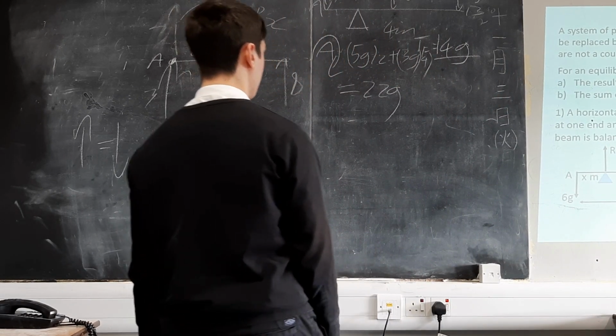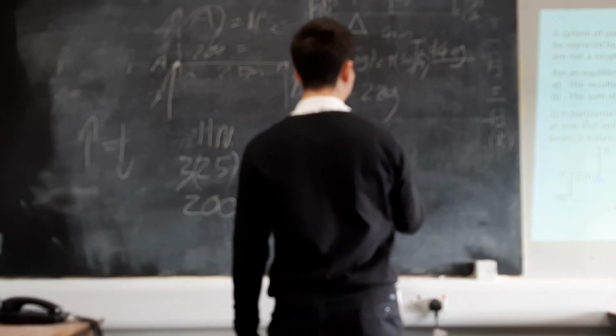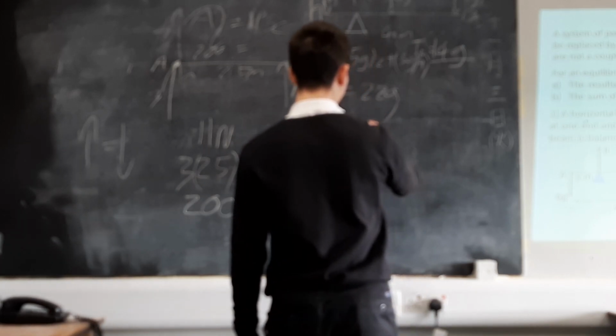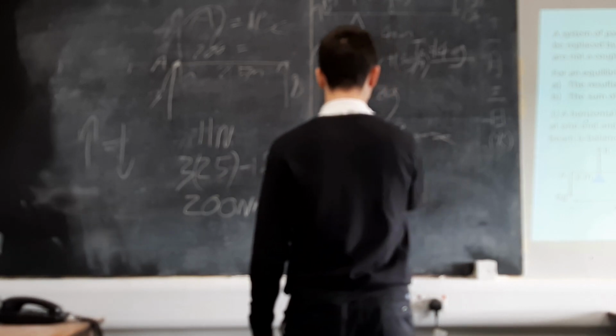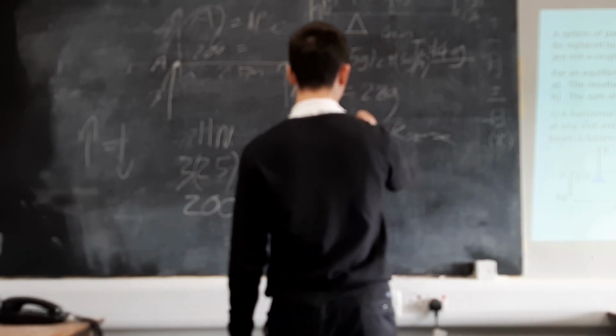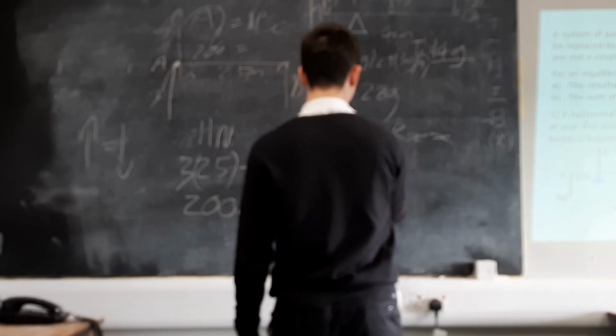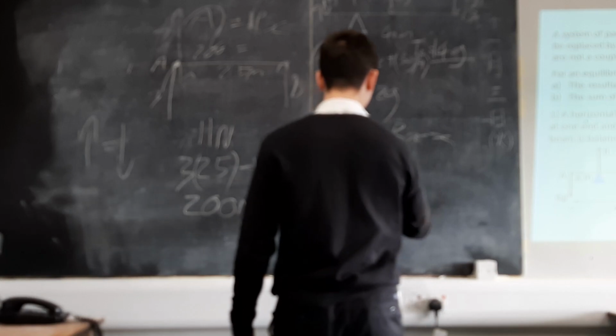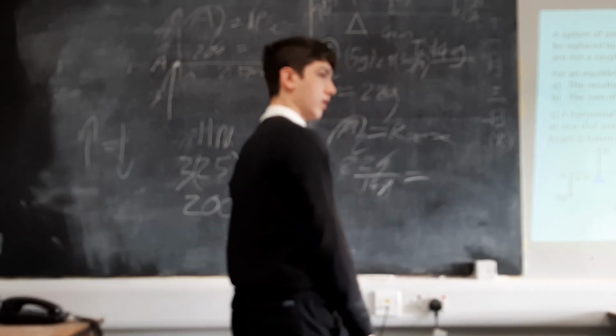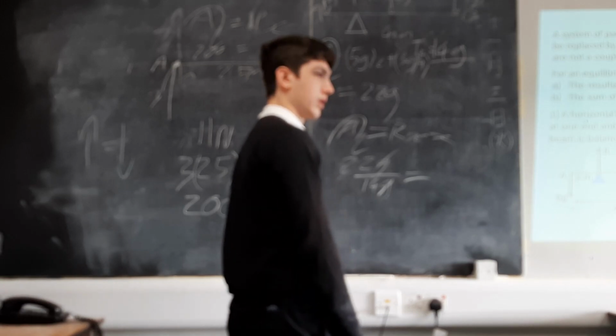So then it's the R, a roundabout, so it's 22G over 14G. These cancel out, equaling 22 over 14G.